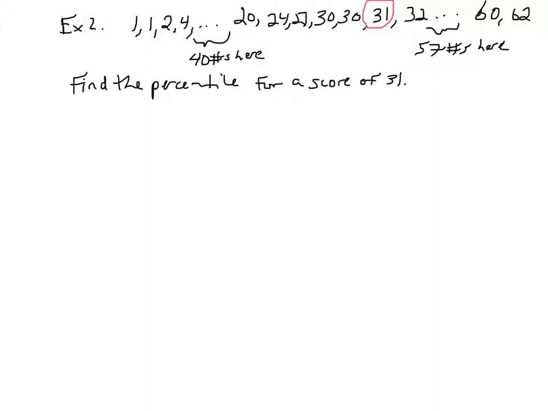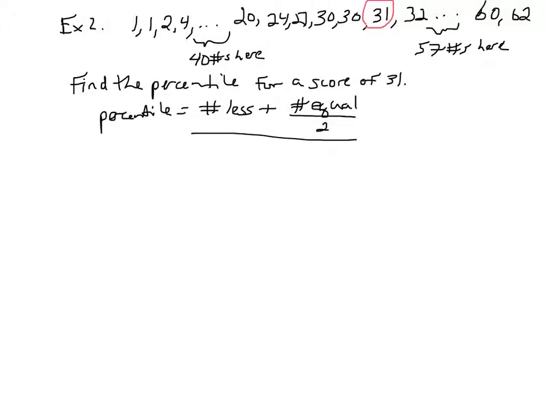So, we'll write our formula. Percentile equals number less plus number equal over 2 divided by total number times 100. And we'll fill it in.